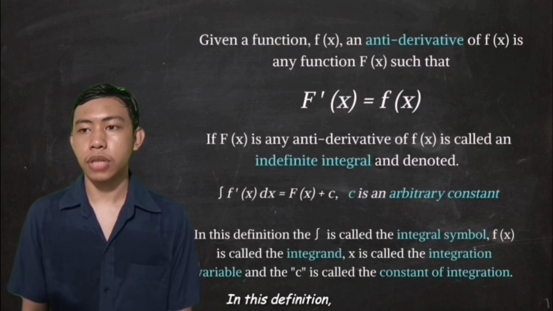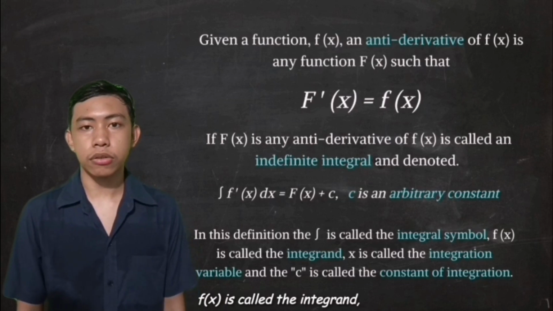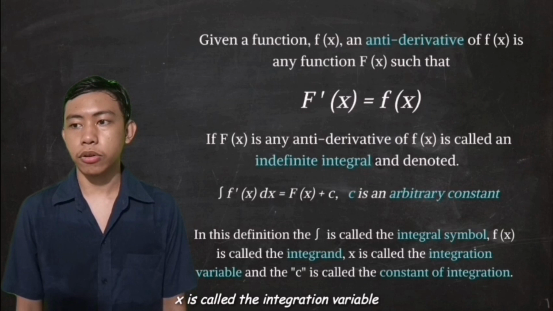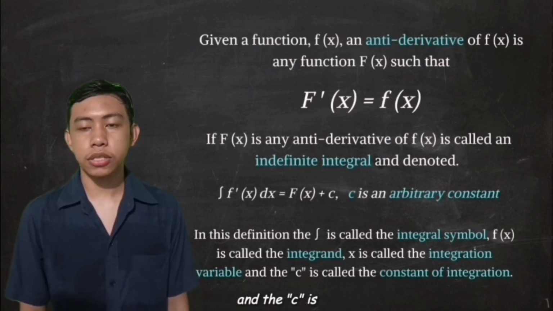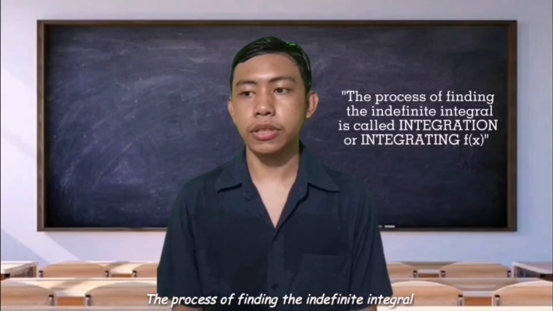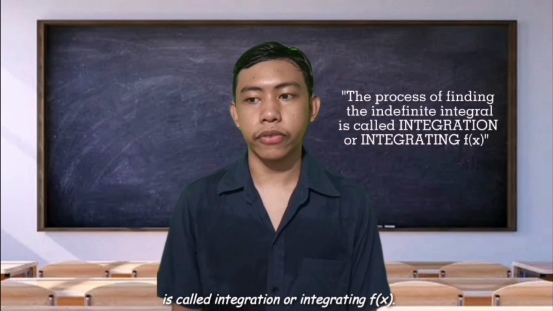In this definition, the S-shaped symbol is called the integral symbol, f of x is called the integrand, x is called the integration variable, and the c is called the constant of integration. The process of finding the indefinite integral is called integration or integrating f of x.